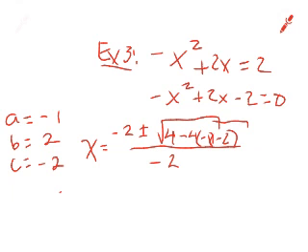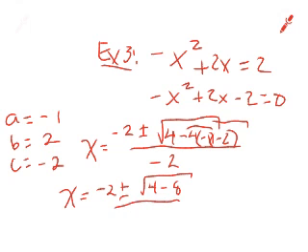So the thing to look at here is under the radical you're going to have 4 times -4 times -1 is +4 here. +4 times -2 is -8. So we're going to have 4 minus 8 under the radical all over -2. And then this is going to be -2 plus or minus the square root of -4 over -2.